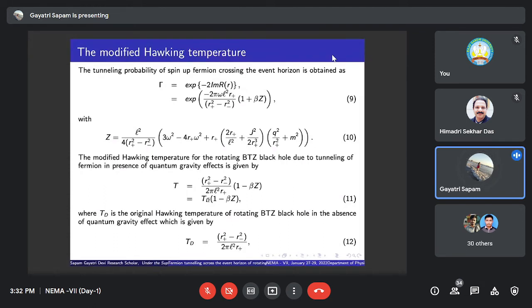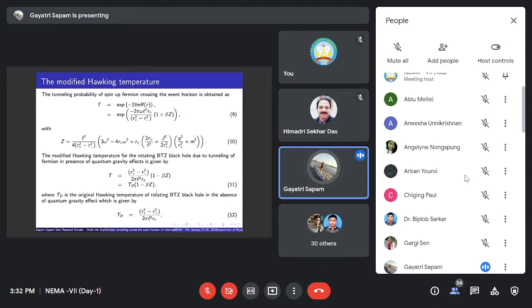And here T_H is the original Hawking temperature for the rotating BTZ black hole. When we put beta to be 0, because beta is the correction factor for this particular equation 11, we get the original Hawking temperature. So from this equation 11, we can conclude that when the quantum gravity effect is used, it lowers the rise of temperature of the black hole.